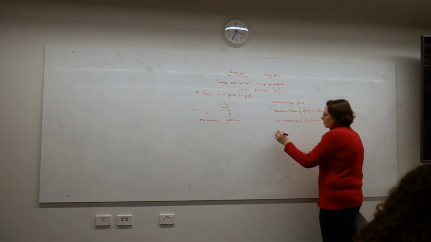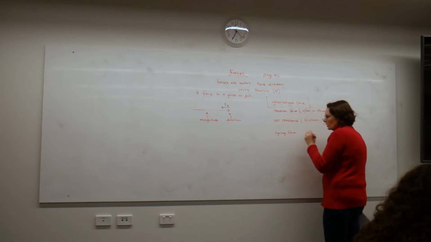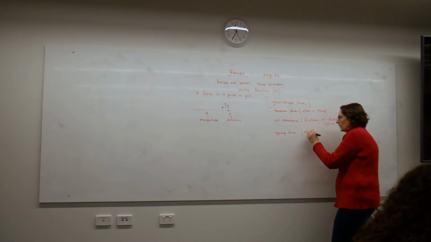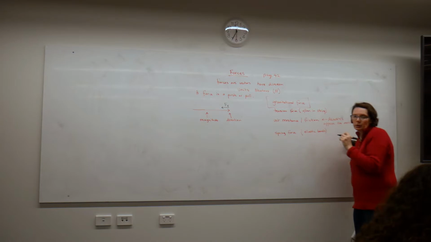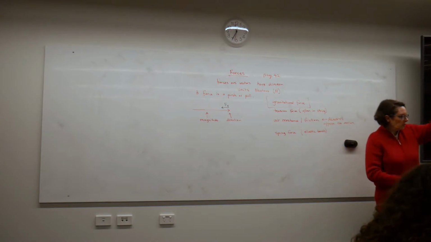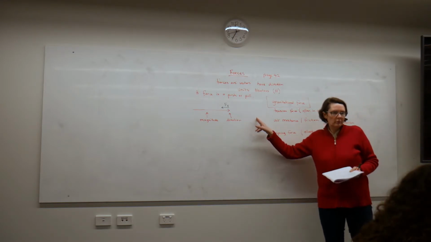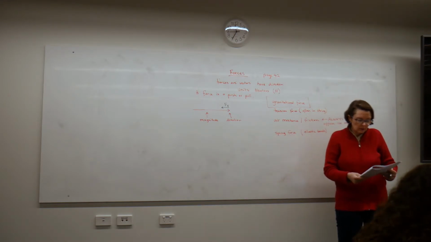There's also a spring force, and you will see this sort of thing also in elastic bands. So you know that if you stretch the string or the spring, or the elastic band, then it's going to pull back again. So that's going to push or pull on the object that's tied to the end of it.